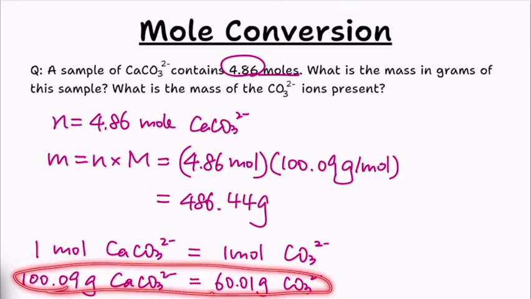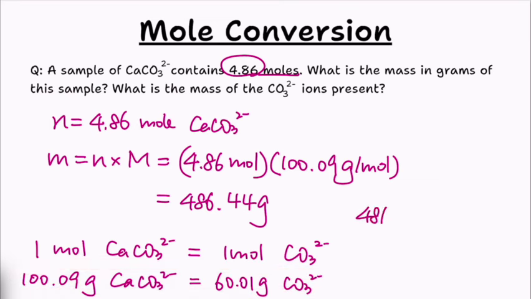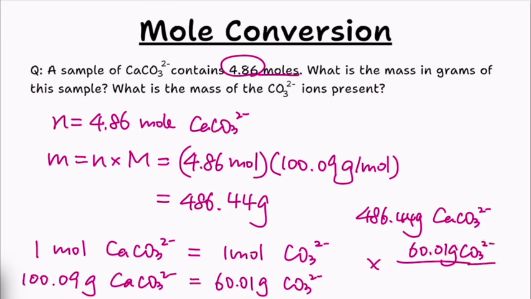This is how I converted the mole ratio into the mass ratio. 486.44 grams of the calcium carbonate multiplied by 60.01 grams of the carbonate in 100.09 grams of the calcium carbonate, is 291.65 grams of the carbonate ion.